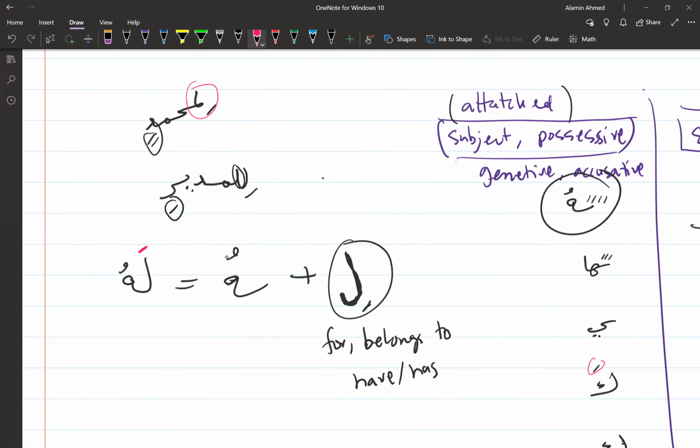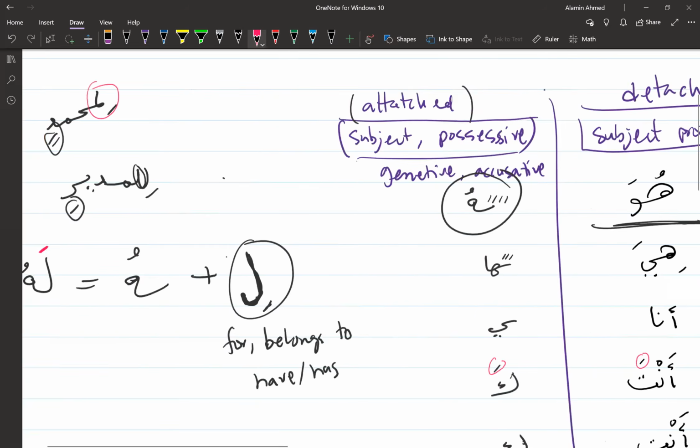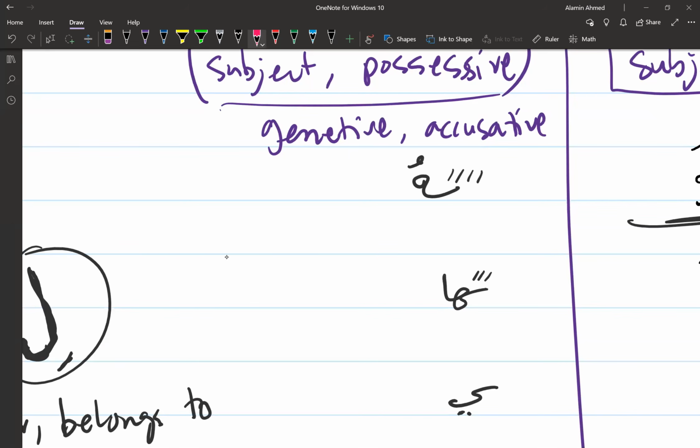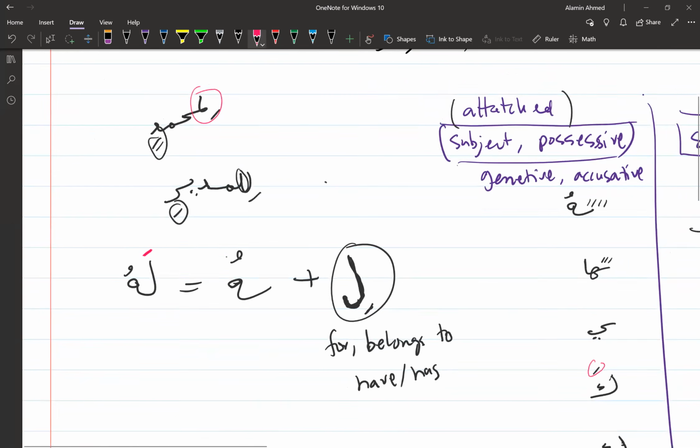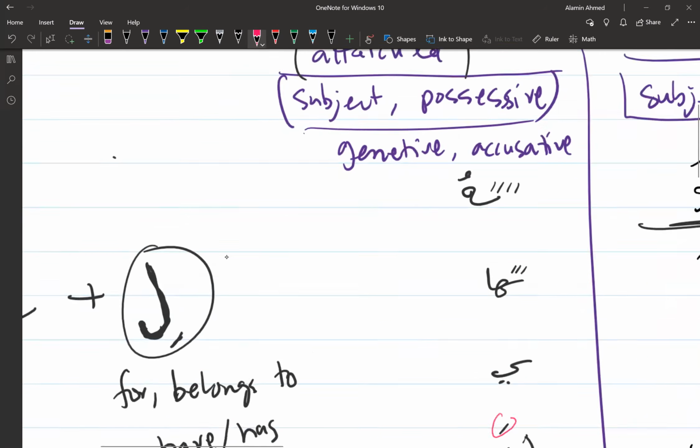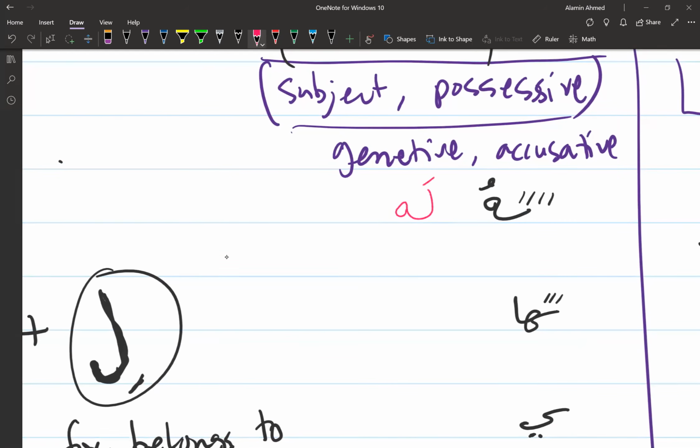So you say lahu. You understand? Sometimes people get confused and think it's something else, but it's not. The main preposition is li: lil mudir, lil mudarres, lil madrasa, lil hamed. But when you connect with a pronoun, you have to say la, lahu.